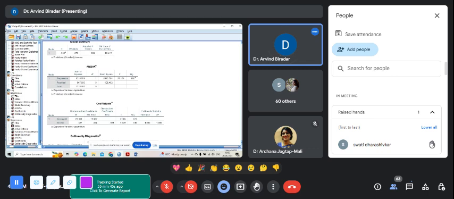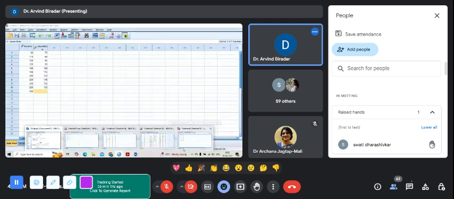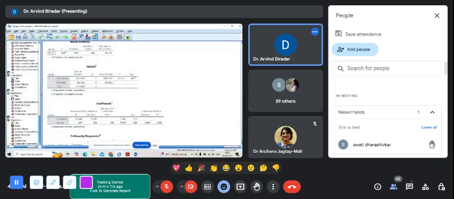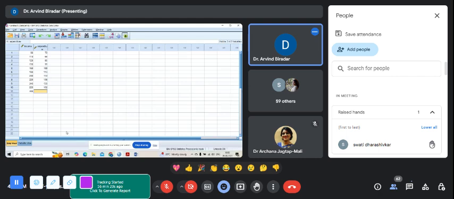Anyone? On the right side, 100, 300 plus 26. So 172 comes. This value comes approximately 172.